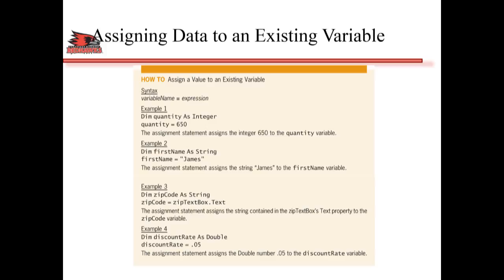However, in example 3, you'll see that we defined a string called zipCode, which equals zipTextBox.Text. So somewhere in the program there is a text box named zipTextBox, and whenever the user inputs something in this text box and runs the code, or maybe presses a button, whatever is in that text box will be inserted into zipCode. Suppose in this zip text box we enter 63701; that's going to be entered into our zipCode variable once we hit some button or run the line of code, and it's going to stay that way until we input some other value there and run that line of code again.